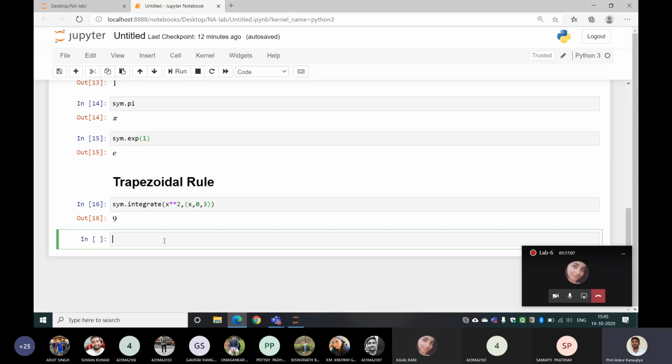Now we'll do it by trapezoidal rule. Okay, so now I'm going to start the trapezoidal rule. First, what is the function given? The function is x square. So I will just write here the integration I want.